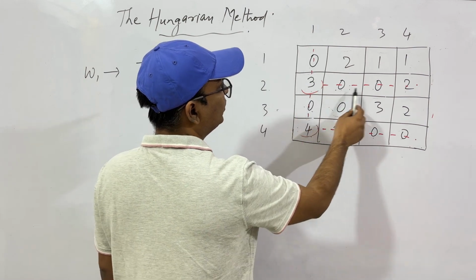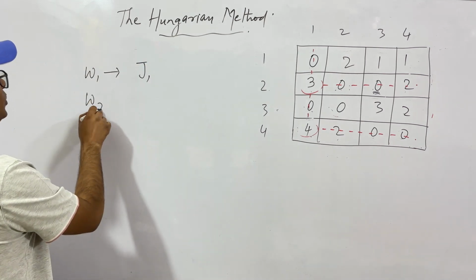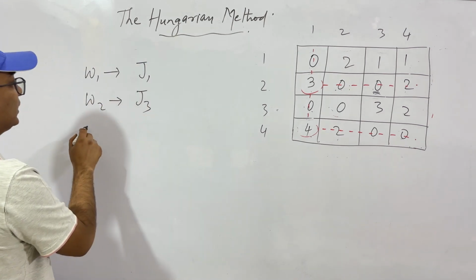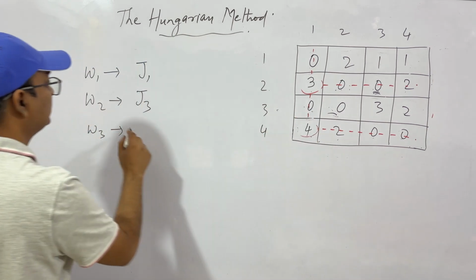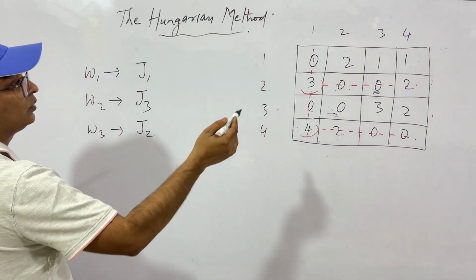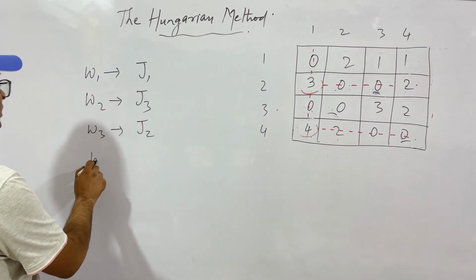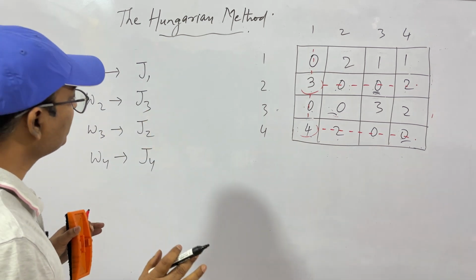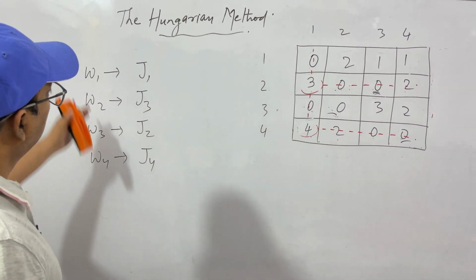So we will assign this work with this worker. W2 will be assigned job 3, then worker 3 will be assigned job 2. Job 3 is already assigned, so we have job 4 for the fourth worker. Now you see the conflict has been resolved, and we are able to get the assignment.